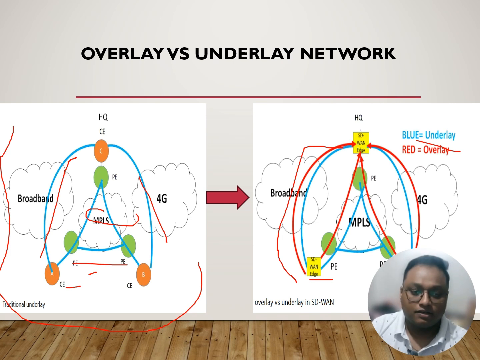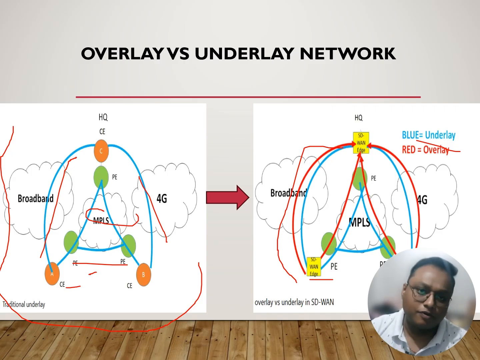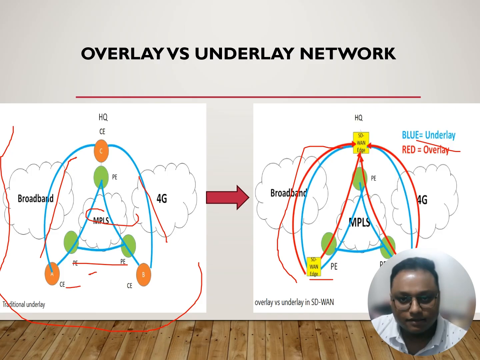Now, why is it needed and why is it important? As we are aware, the internet is now everywhere and much better than a couple of years back, but the internet is not 100% secure. Whenever you are using your Wi-Fi, it can be hacked easily unless you are running IPsec or some kind of VPN connectivity.